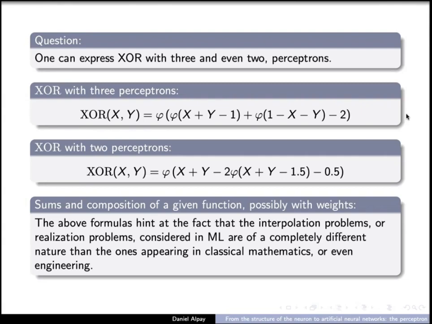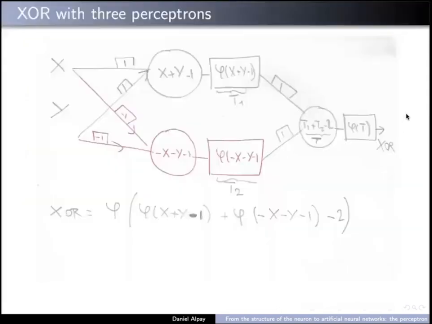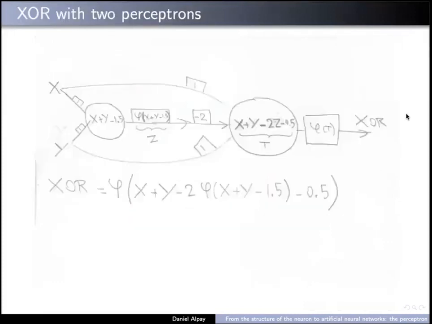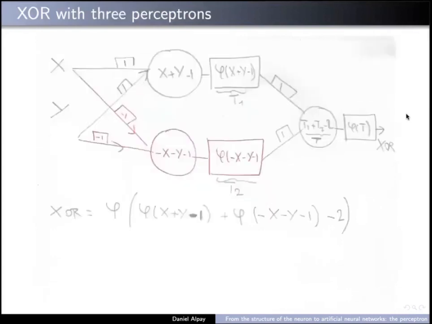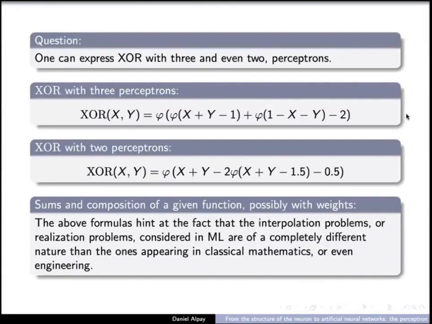Here you have one given function, and then you iterate it and add them together. These are kinds of problems which are not from classical mathematics, I would say. Okay, so here are the two pictures. Here it should be a +1 in the red; it's a misprint I had. So the pictures are not nice, I apologize, but these pictures are just to rewrite this in a picture way.